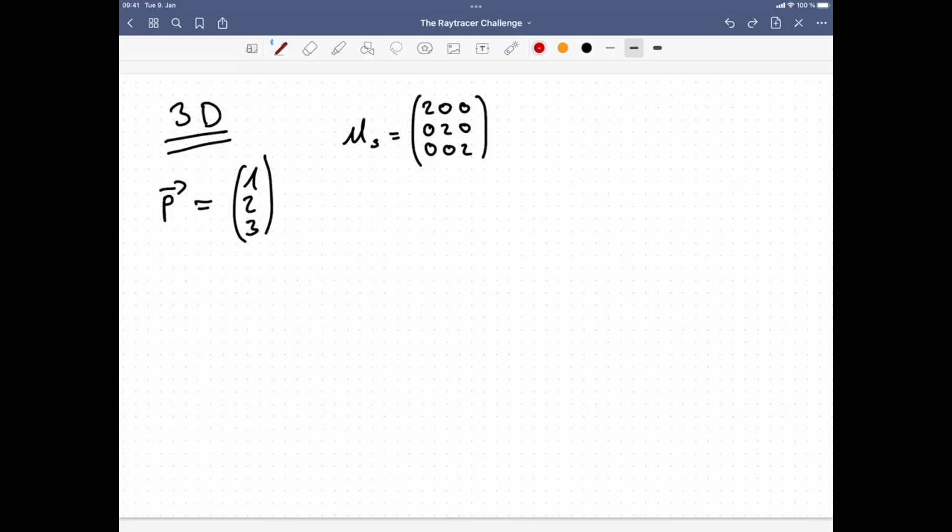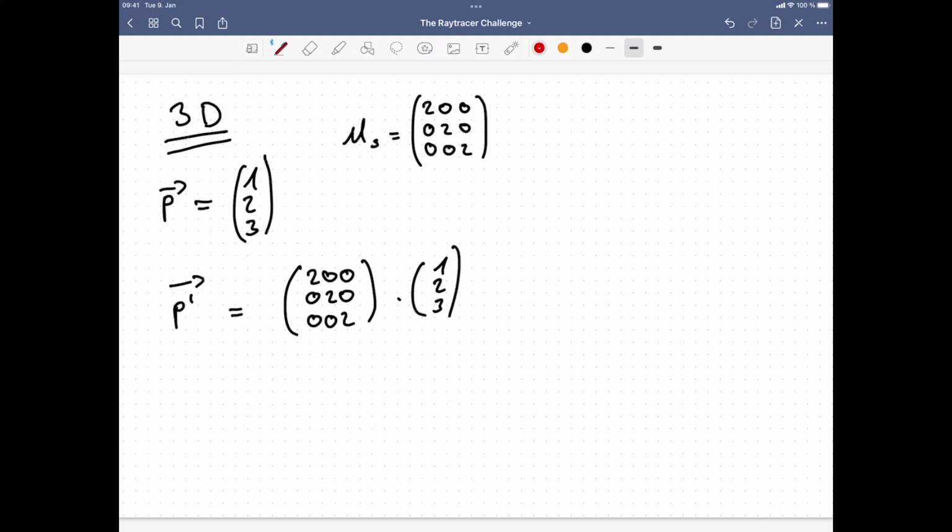In order to get a feeling for how all of this works out in the end, we need to calculate this multiplication of the matrix with the point. And in order to do that, let's just quickly write this out in a way that we can take a structured look at. So our new point would be the matrix first, 2, 0, 0, 0, 2, 0, 0, 0, 2, multiplied with our point 1, 2, 3.